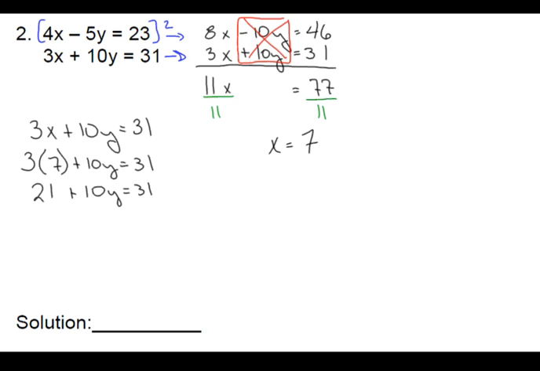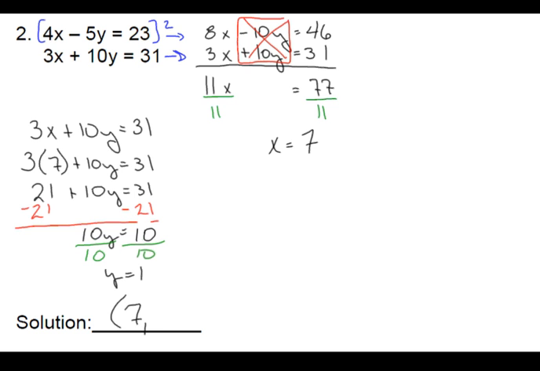I subtract 21 from both sides. So I have 10y is equal to 10. So I now divide both sides by 10, and we find that y is equal to 1. So my x is 7, y is 1.